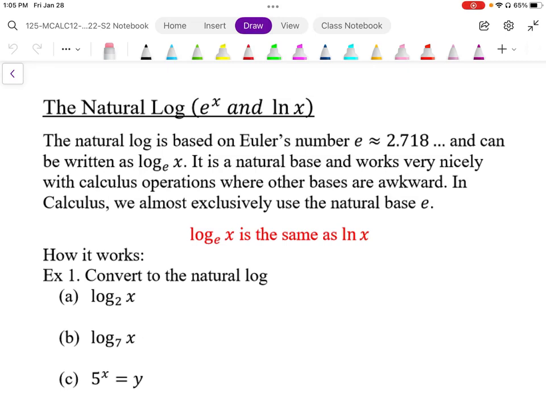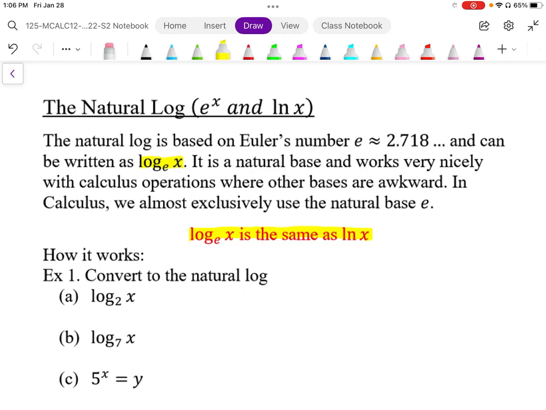The natural log. So the natural log is based on Euler's number, e, which is approximately 2.718, etc. And we often write it as log base e of x. Now, it's important that we understand that log base e of x is exactly the same as log x or ln x, okay, or ln x.